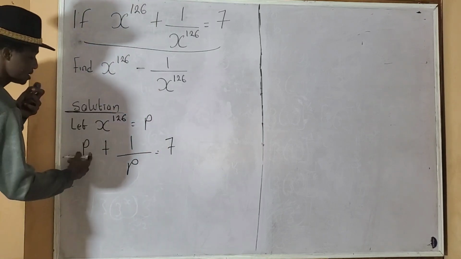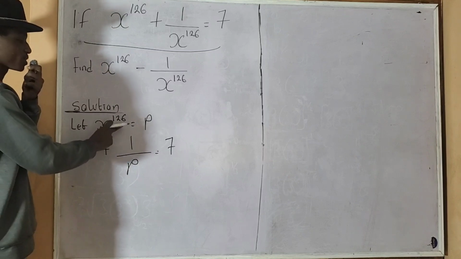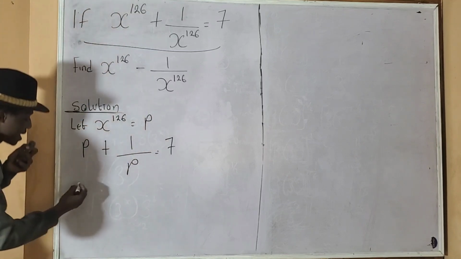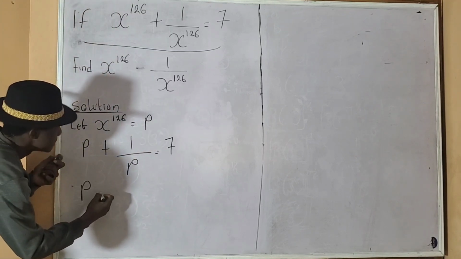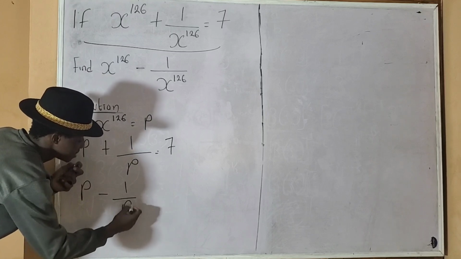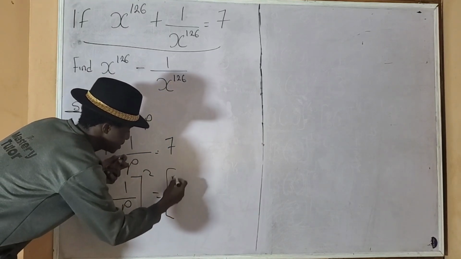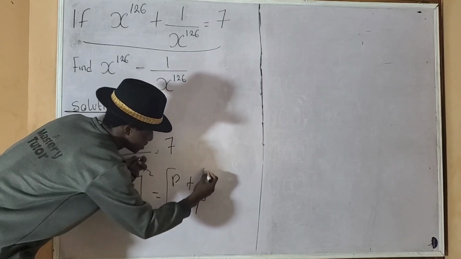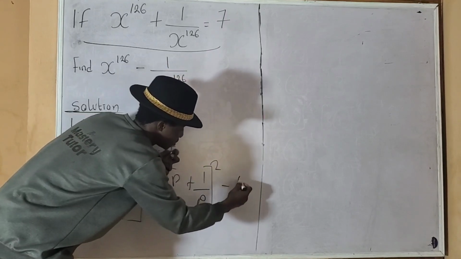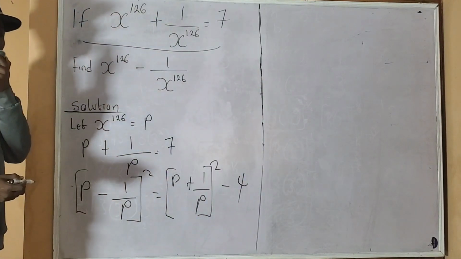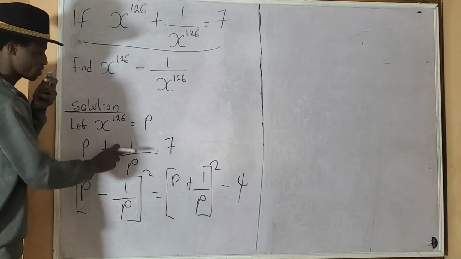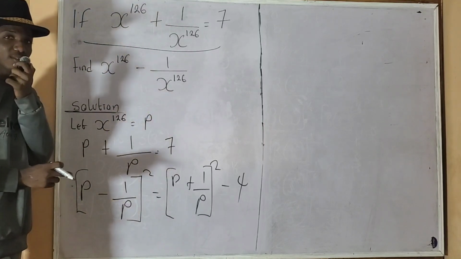Now, since x raised to the power of 126 equals p, we want p minus 1 over p. This square can be written as p plus 1 over p squared minus 4. Are you following? Now, do you know that p plus 1 over p equals 7?